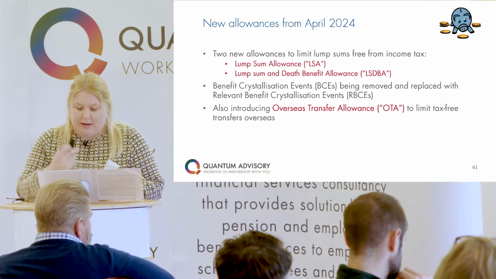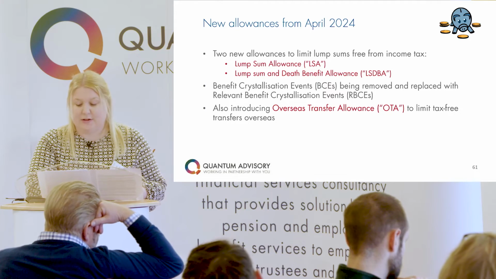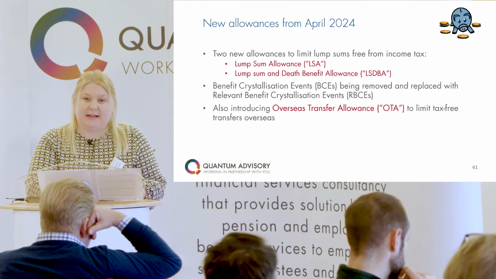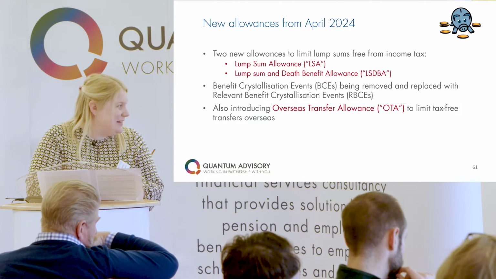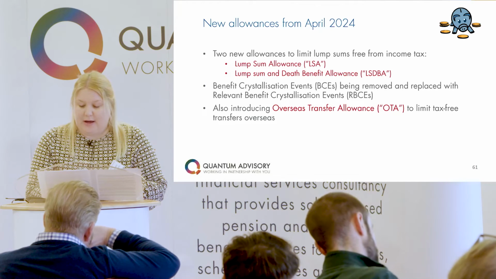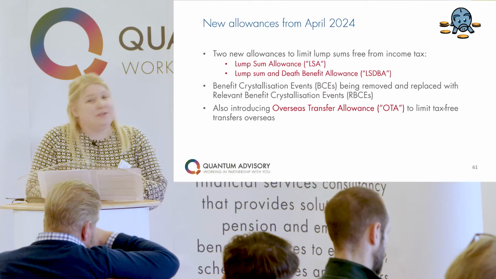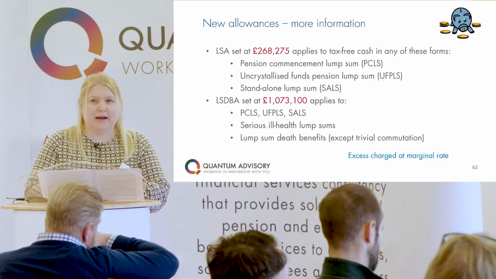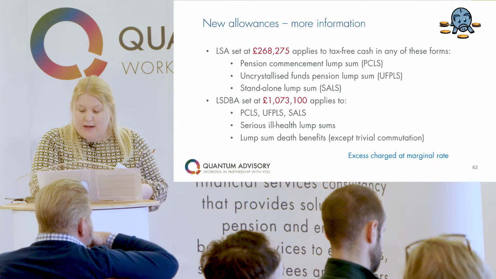And in turn, benefit crystallisation events that are triggered when members take their benefits are being removed and replaced instead with relevant benefit crystallisation events, or RBCs. The government is also introducing a third new allowance to limit tax-free transfers overseas, called the Overseas Transfer Allowance, OTA.